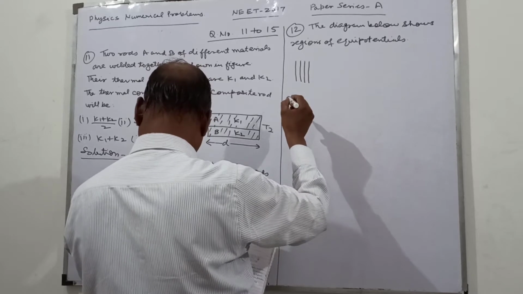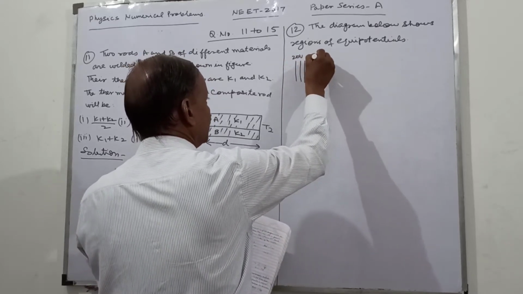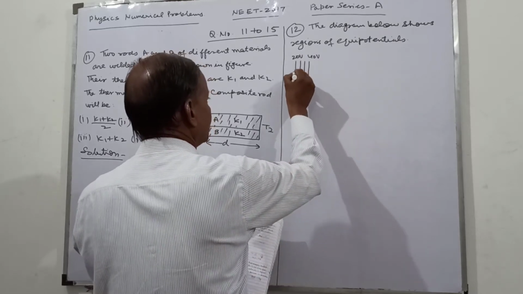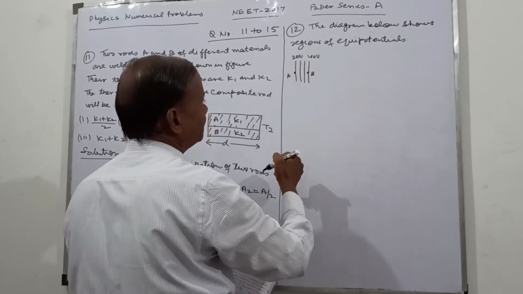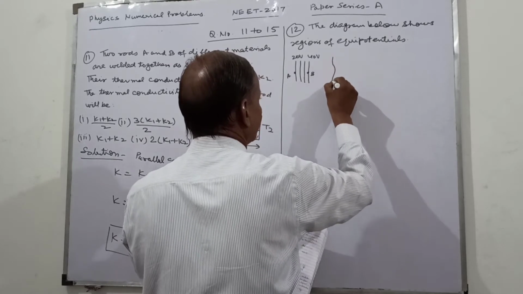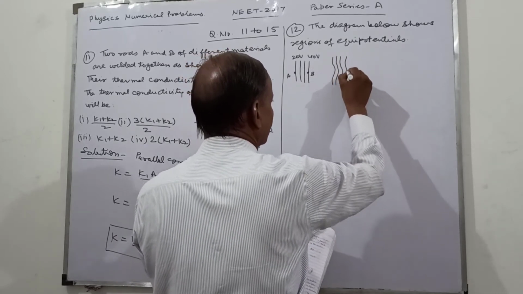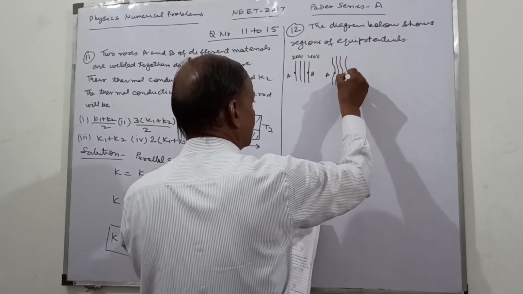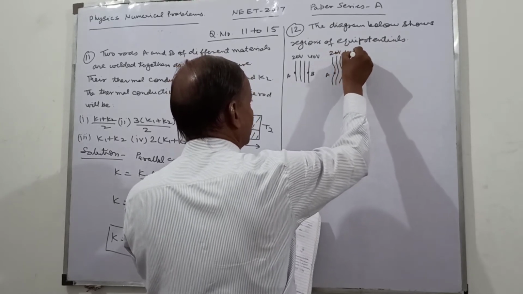This is 20 volt, this is 40 volt. And we have this point A, this is point B. Now here this is point A, this is point B, this is your 20 volt, this is 40 volt.